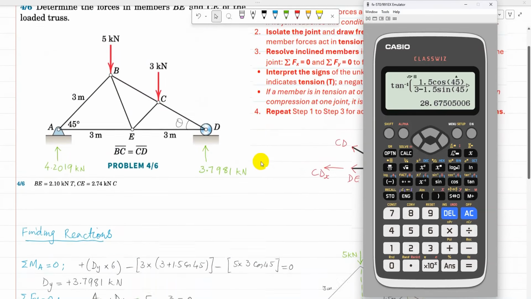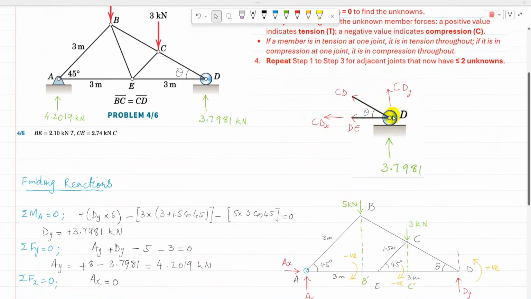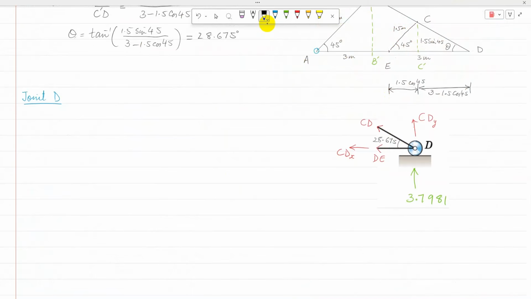So now I can use this joint D to find unknown values. Now I'm going to apply sigma Fx or sigma Fy equal to 0. In the vertical direction, there is only one unknown component, so I'll go first for sigma Fy equal to 0. For sigma Fy equal to 0, I have CDY as positive, and the reaction is also going upward, so that is plus 3.7981 equal to 0.